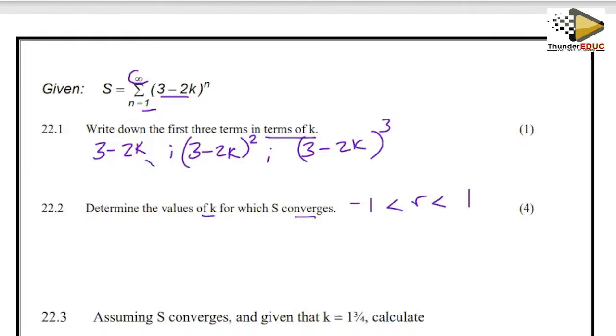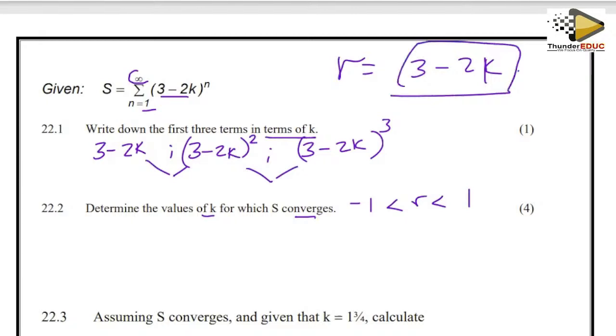So we need to find our common ratio in this case. If we get term 2 divided by term 1, we're going to end up with a common ratio of just 3 minus 2k. So let's substitute this with r, so that we have -1 is less than 3 minus 2k is less than +1.